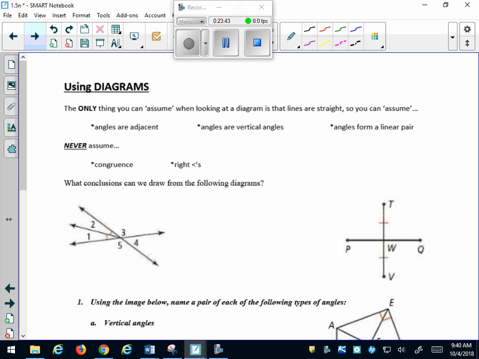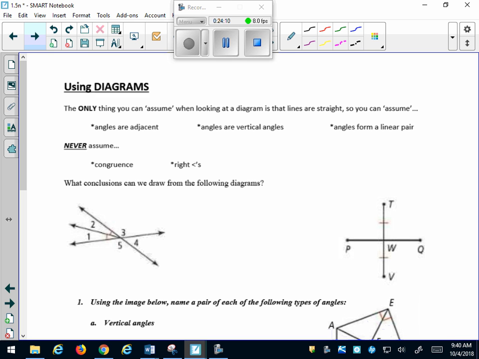That is really the only thing you can assume, and that lends itself to other assumptions. So if lines are straight, then angles that look adjacent are adjacent. What does adjacent mean? Next to each other, right? They're stuck together. They have the same vertex. So if they look adjacent, then they are. You can assume that the thing separating them is a straight line.